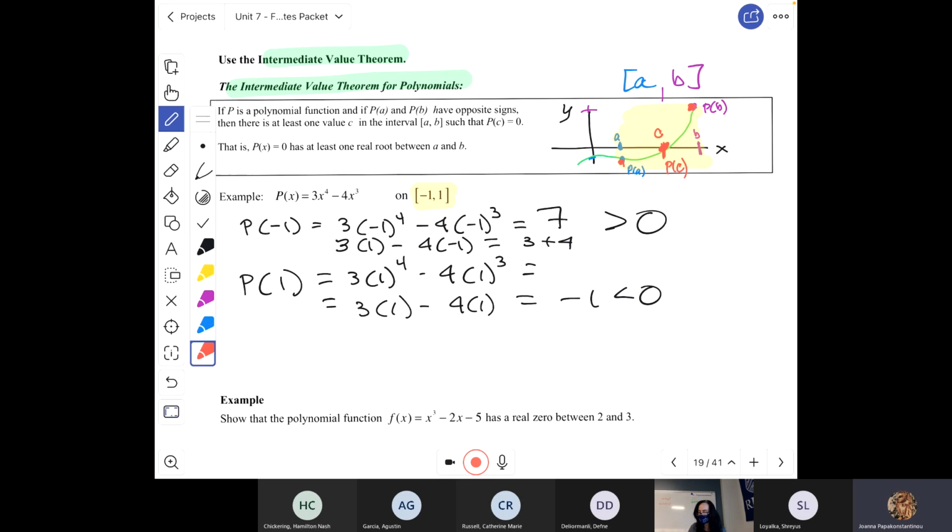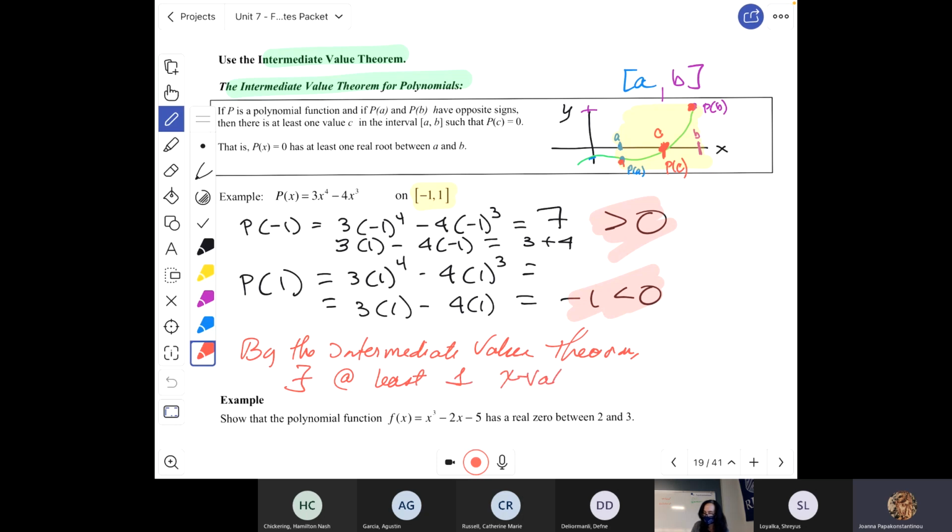Since these are of opposite sign, then by the intermediate value theorem, there exists at least one x value in the interval -1 to 1 such that p evaluated at that value equals 0.